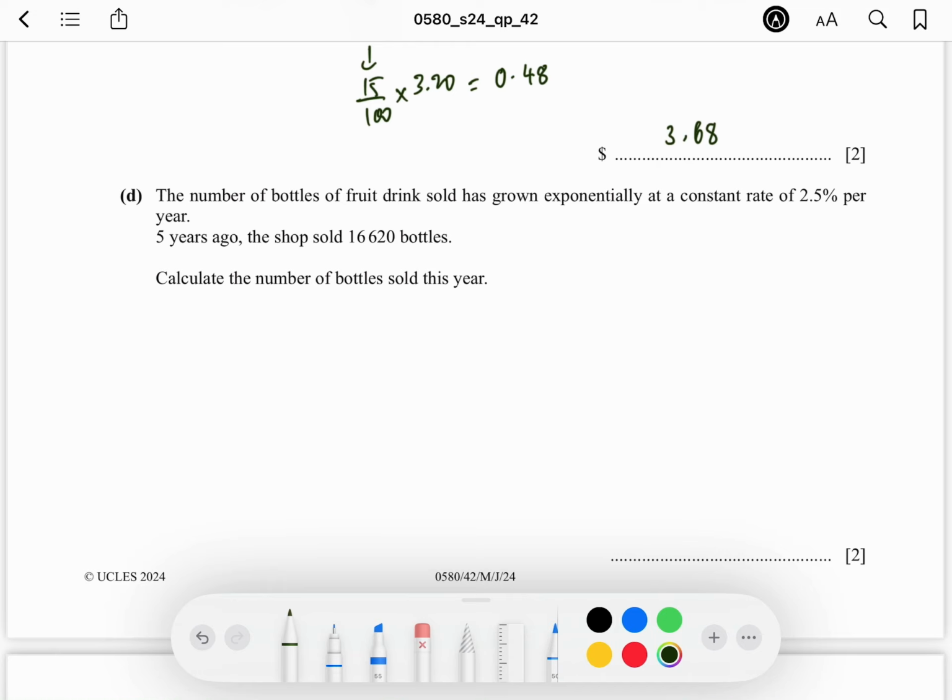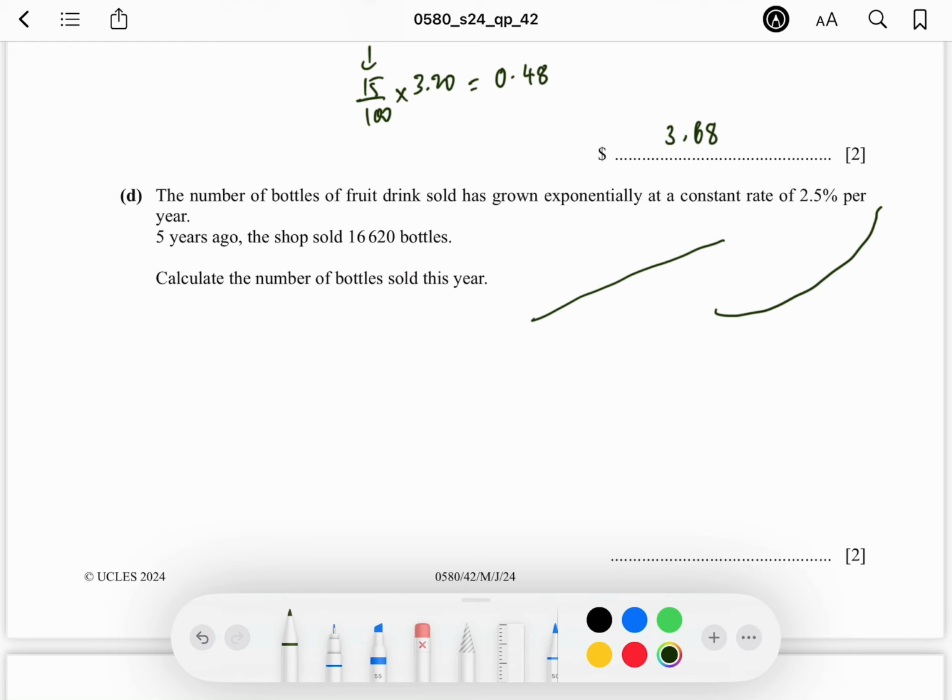Yes, macam compound interest ataupun simple interest. Which one? Compound, because they are exponential. Simple interest is linear. Exponential, so it's a compound.